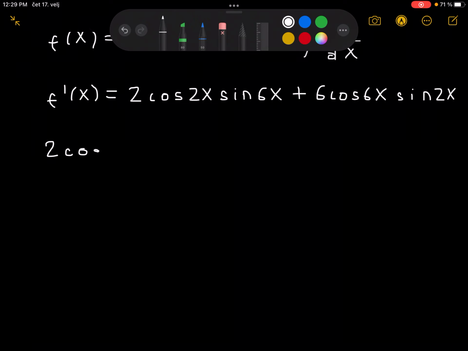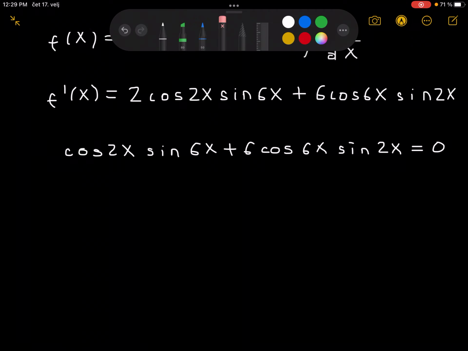So 2 times the cosine of 2x times the sine of 6x plus 6 times the cosine of 6x times the sine of 2x is equal to 0. Now I'm going to go ahead and divide everything by 2. So here we're going to have just 1, and here we're going to be left with 3.